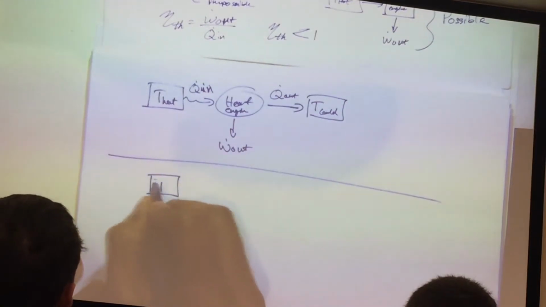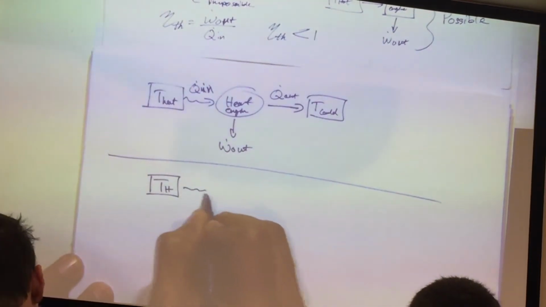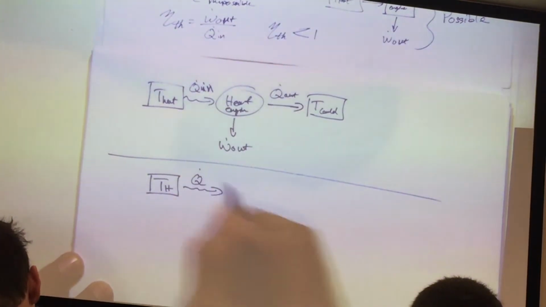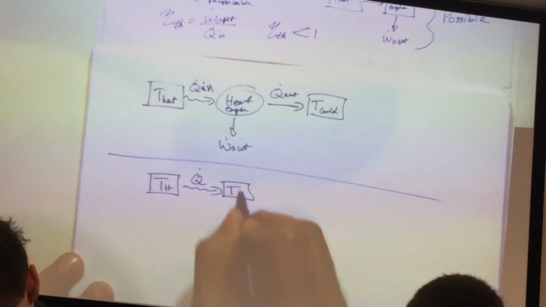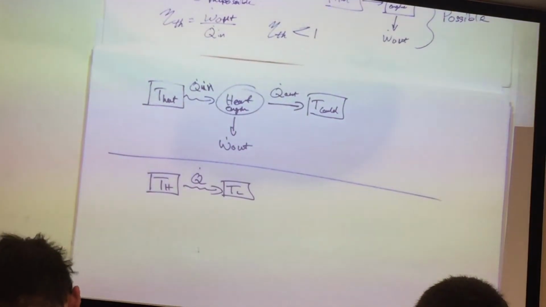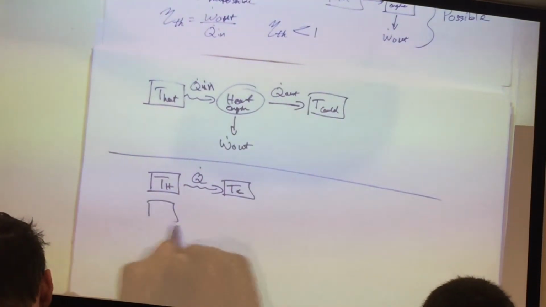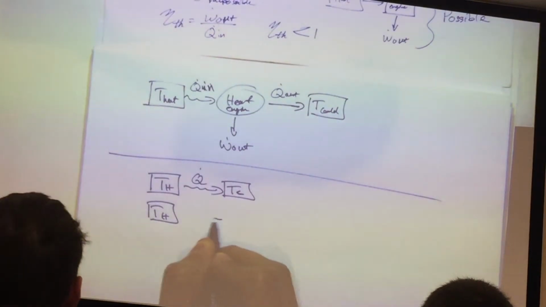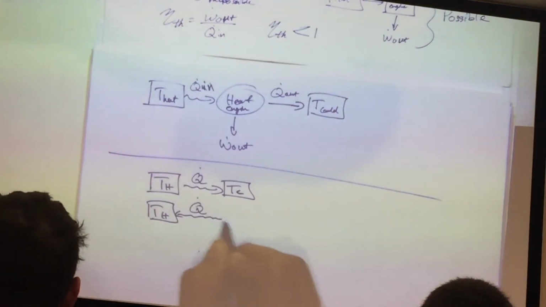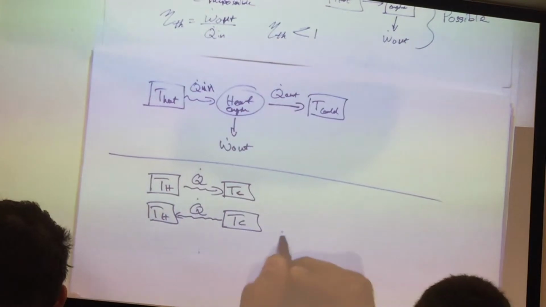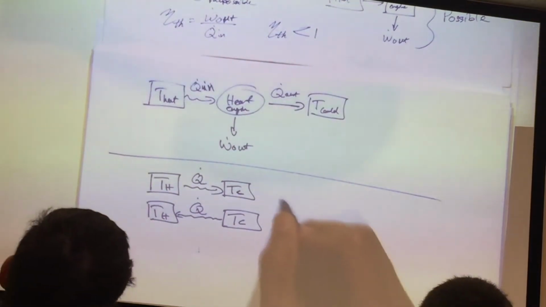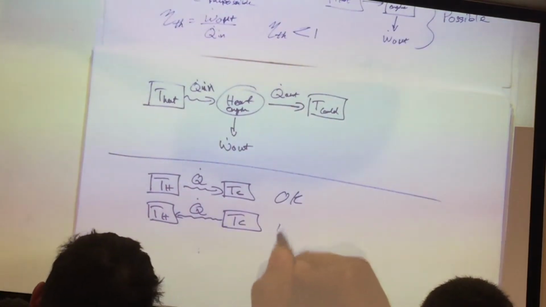So if I have T hot, and I go Q, I could go to a cold system, or T cold, or T low, if you want. But this is impossible.